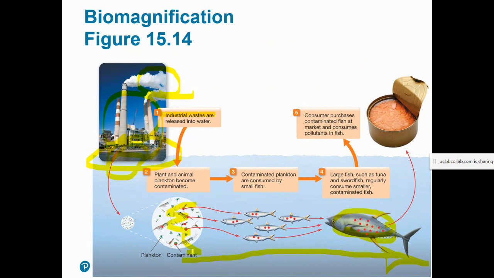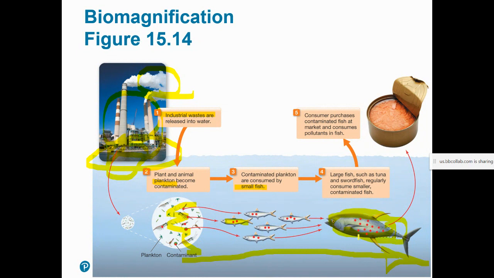So if a human were to eat just the small plankton itself, there's very little chemical contamination on any individual plankton. Similarly with small fish, each small fish has eaten several plankton, so they've started to accumulate more of the contaminant.